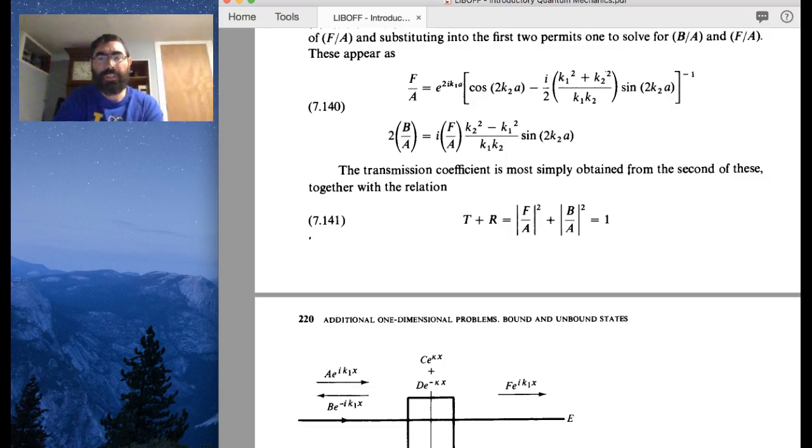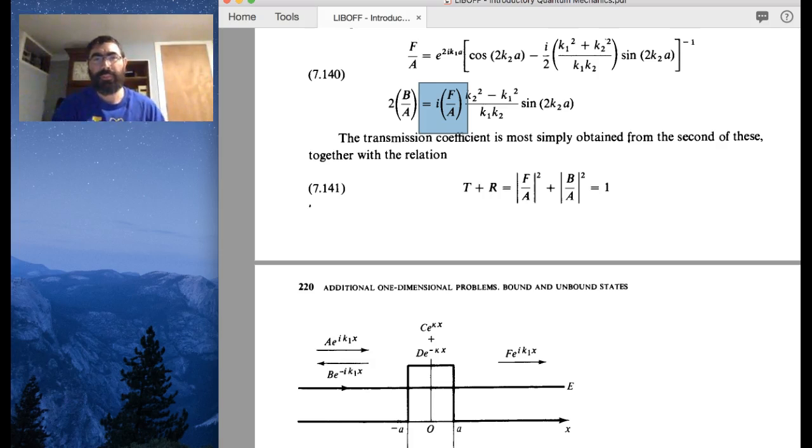And so even though these ratios of normalization constants are complex, so F of A has an i term times the sine, B divided by A has an imaginary number i in there as well, squaring B divided by A is really taking the complex conjugate and multiplying it by that number. Very similar to what we did in class.